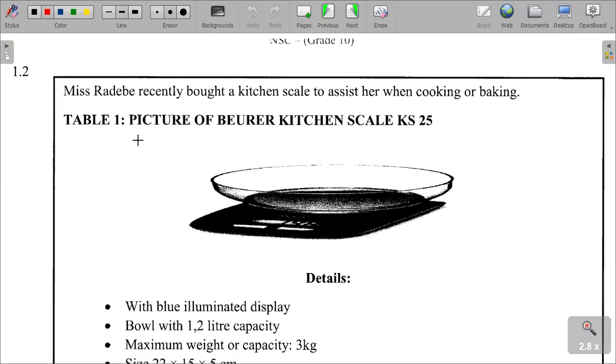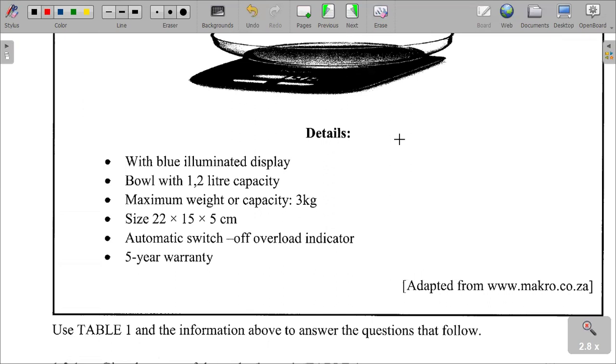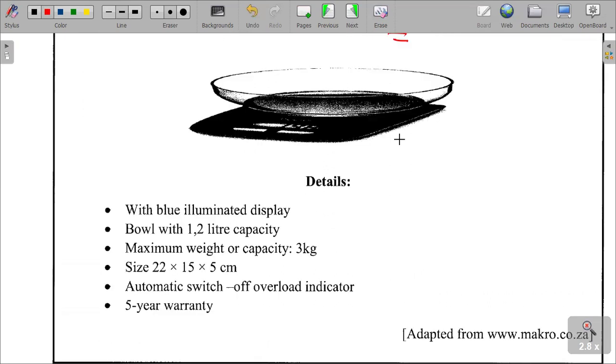Table 1 here is a picture of the Peura kitchen scale, the KS25. The details given are a blue illuminated display, a bowl with 1.2 liter capacity, maximum capacity 3 kgs, size 22 times 15 times, then automatic switch off, overload indicator, 5-year warranty.